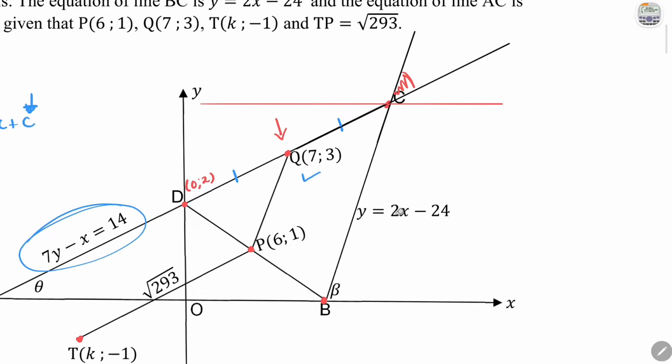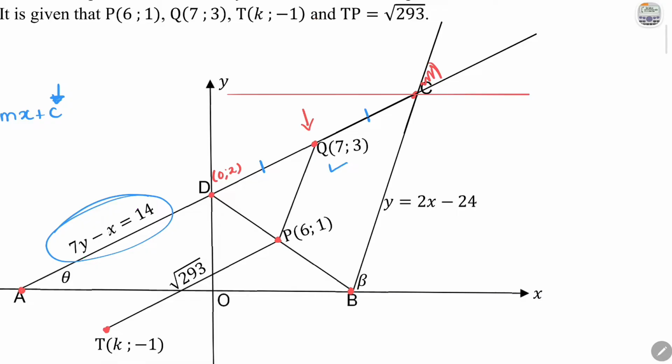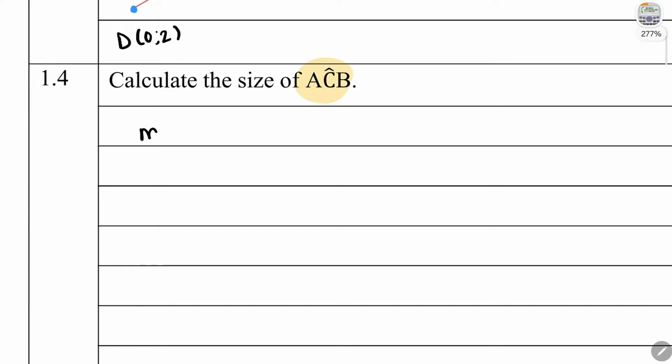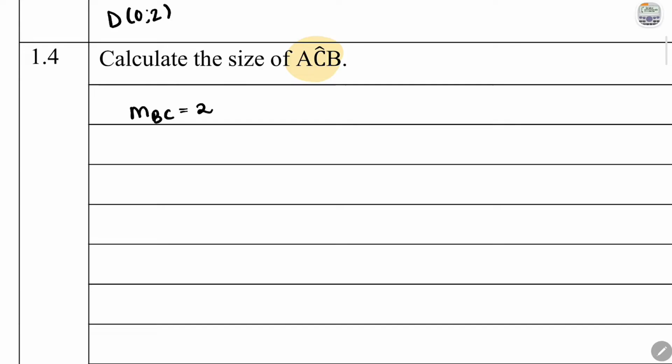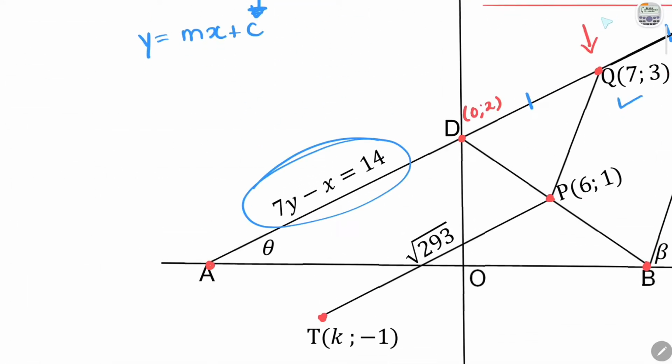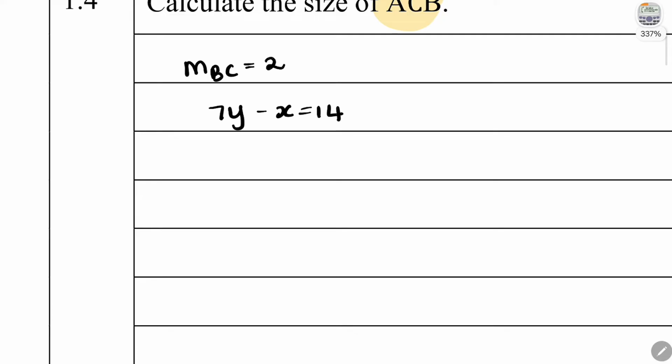So the gradient of BC is 2. Let's quickly find the gradient of AC. We'll note down that the gradient of BC is equal to 2. Looking at the equation of AC, let's get that gradient. We can put it in standard form, y equals mx plus c, meaning y needs to be on its own.